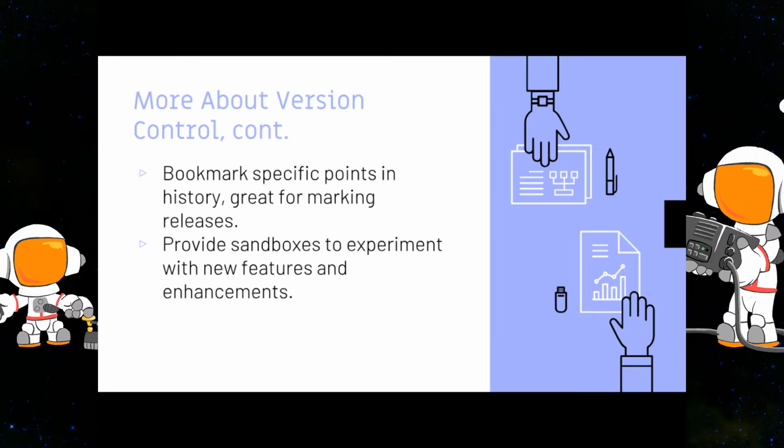You can also bookmark specific points in that history. Great for marking releases. And also great for, remember how I mentioned that you can revert a project all the way back to a certain point. So let's say, for example, your game project has 2 different releases, version 1 and version 2. And somebody complains there's a bug in version 1.